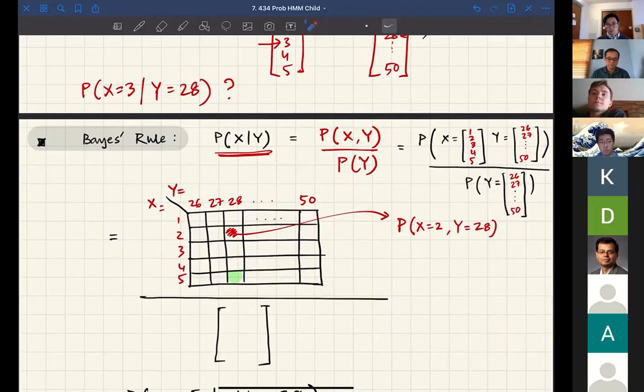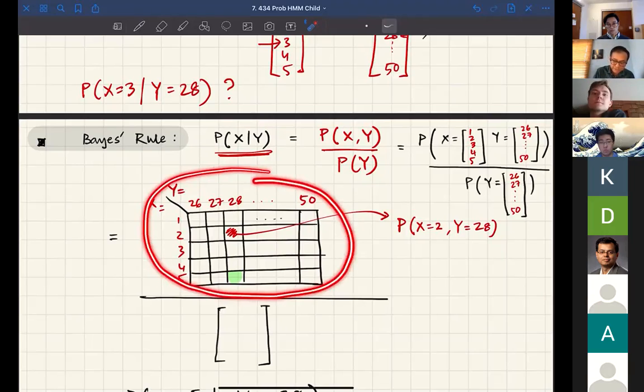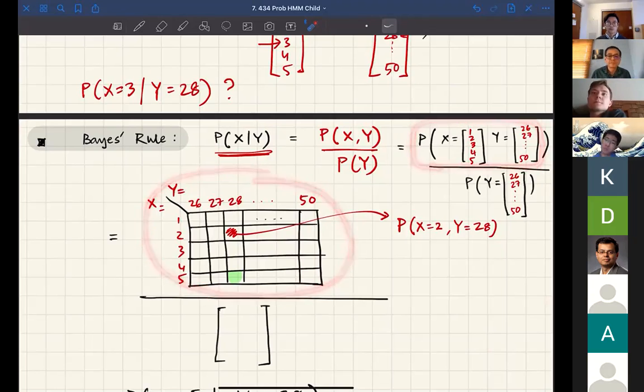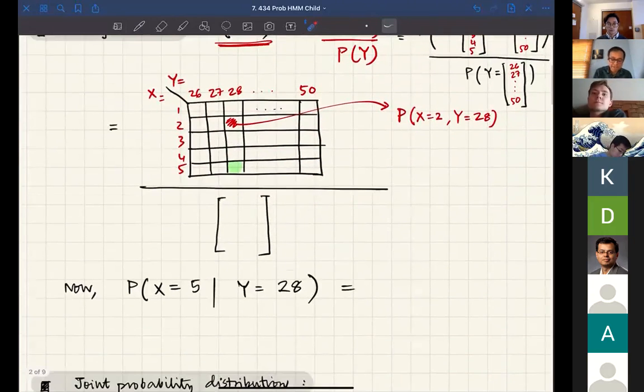So P of X given Y is this matrix in the numerator. This matrix comes from here, divided by P of Y. Now P of Y means what is the probability Y is 26? Let's say 0.01. What is the probability Y is 27? Let's say 0.03.